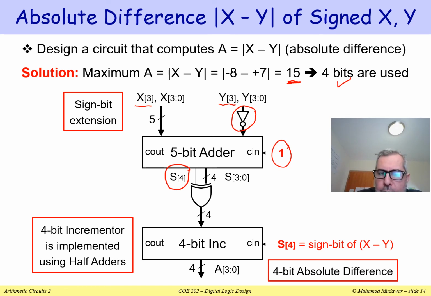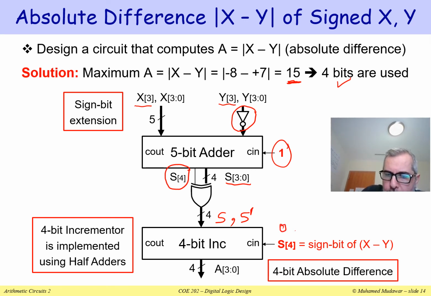So what I really need to do is calculate the absolute value. If S4 is equal to 0, when you XOR all the bits here, S3 down to 0, with 0, you get S. If S4 is equal to 1 and you XOR with 1, you get S prime. Now, if S4 is equal to 0, then the carry in will be equal to 0.